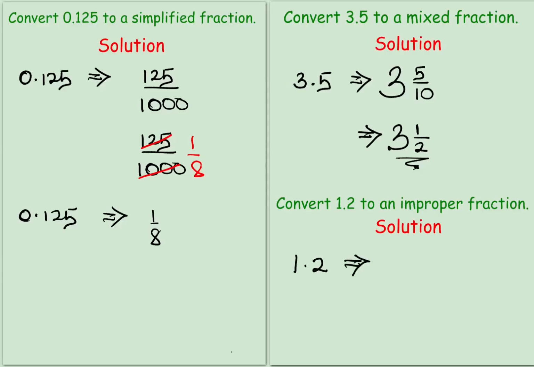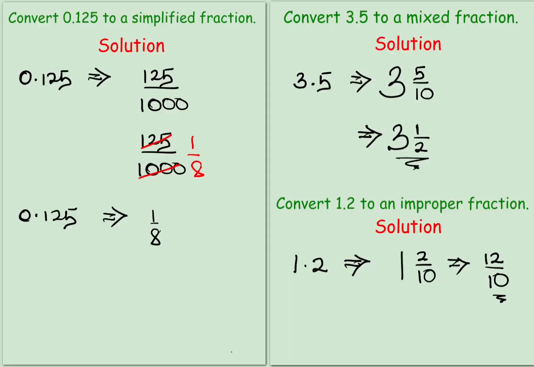We can first change it into the mixed fraction form. So this is 1 whole number, then 0.2 becomes 2 over, how many digits come at the decimal place? Just 1. So 10. Since it is now in its mixed form, we can then change it to its improper form. That is 1 times 10 plus 2, which gives us 12 all over 10. This becomes the improper form of our decimal 1.2.